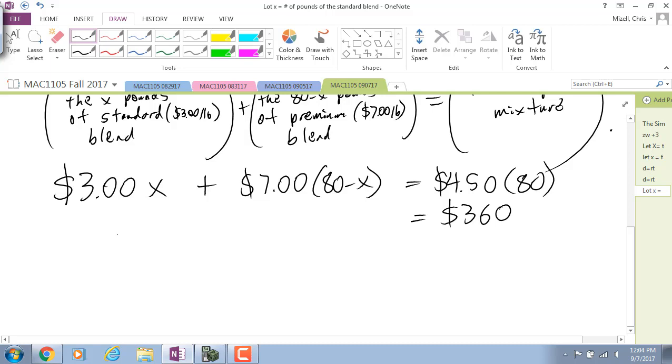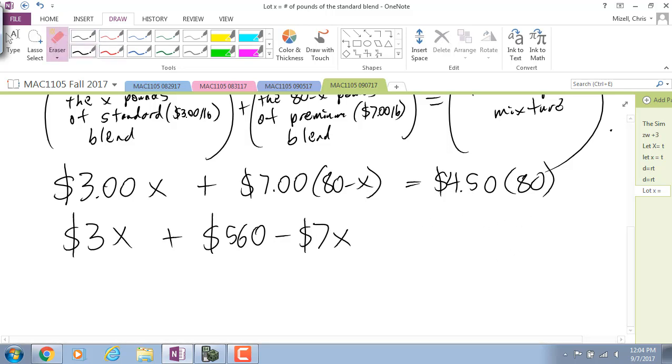So it's going to be $3 times x plus, if I multiply $7 by 80, is that going to be $560? Yes, $560 minus $7 times x. That's equal to $360.